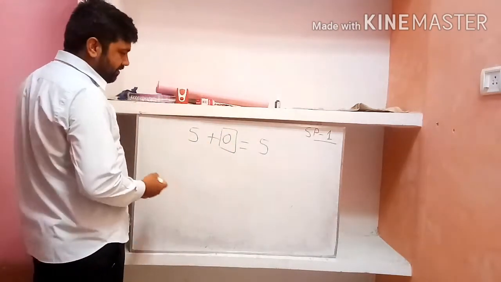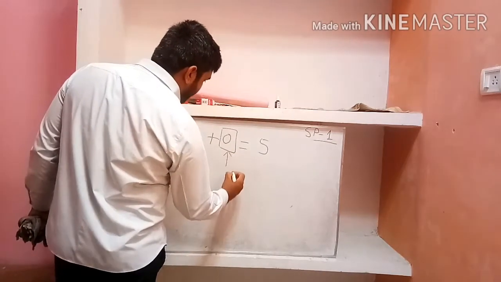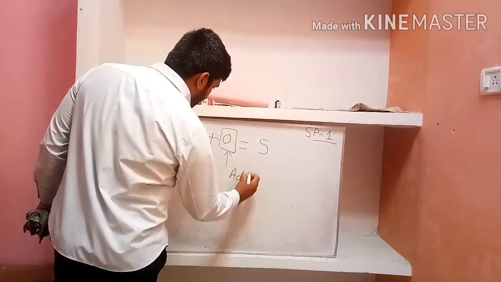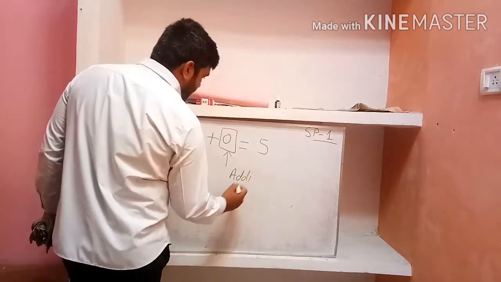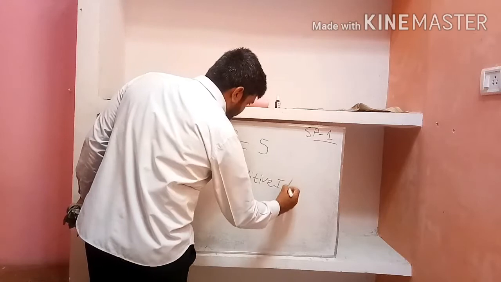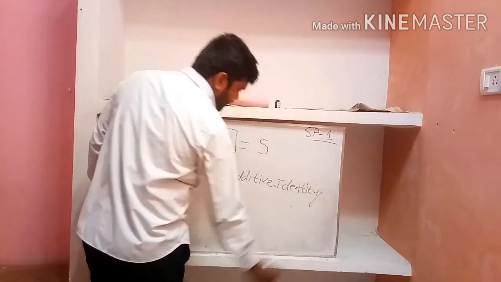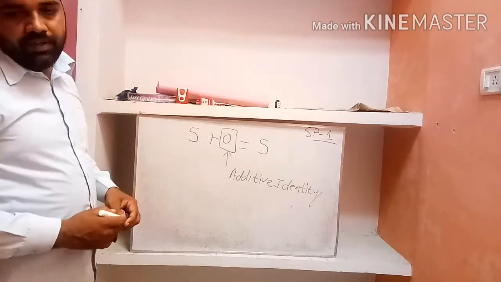So this 0 is called the additive identity.